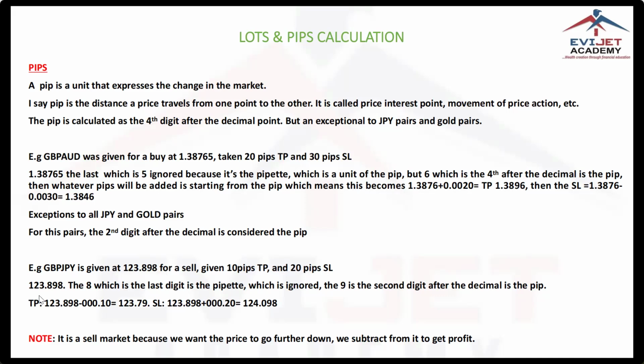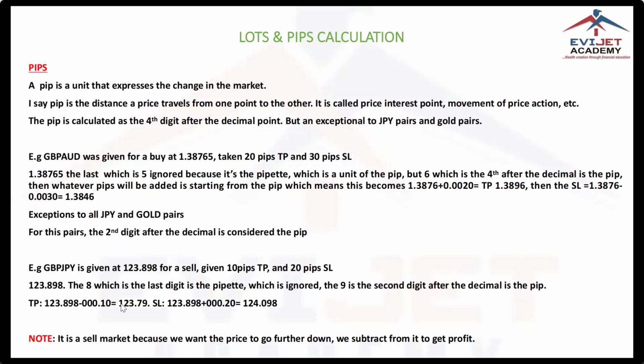So this is where they try to show you the arithmetic. 123.898. Then 8 is the last digit, a pipette, which is ignored. Then 9 is the second digit after the decimal, which is the pip. So the arithmetic here is 123.898 minus 00.10, which is the 10 pips.